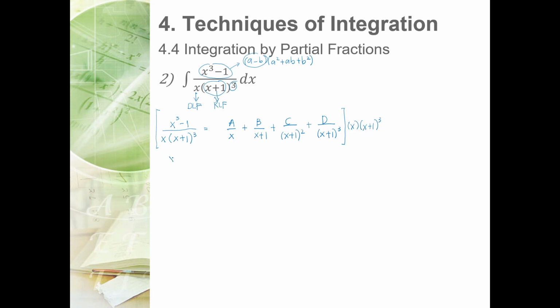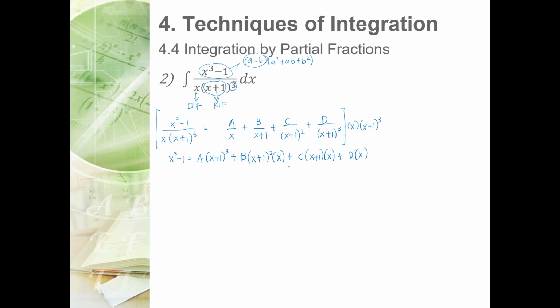This will give us x cubed minus 1 equals a times x plus 1 cubed, plus b times x plus 1 squared times x, plus c times x plus 1 times x. Then lastly, d just multiplied by x.